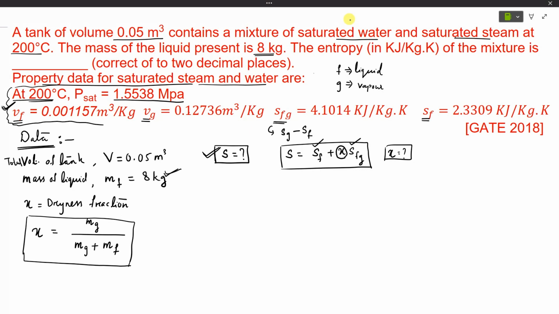For that, we have to use the specific volume, and specific volume of vapor we have to use. So if we consider the specific volume of vapor, that is equal to volume of vapor by mass of vapor.